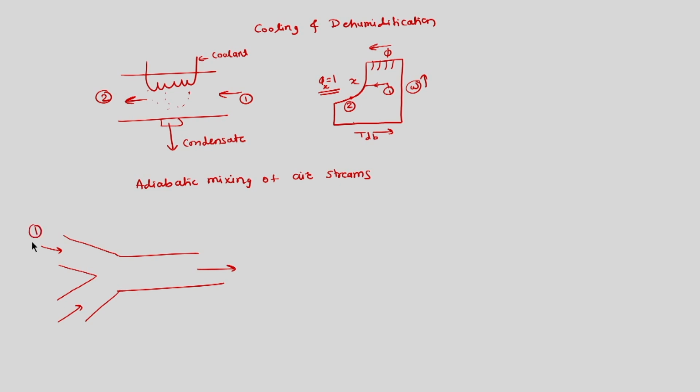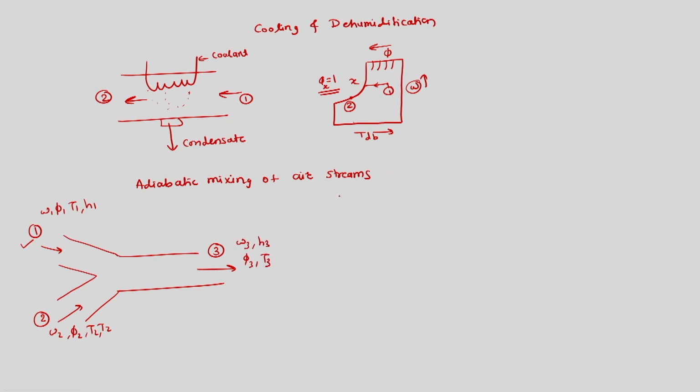So this is one, this is air at state 2, this is air at state 3. So state 1 has its own omega 1, phi 1, T1, H1. This will have omega 2, phi 2, H2, T2, and then we will have omega 3, H3, phi 3 and T3.